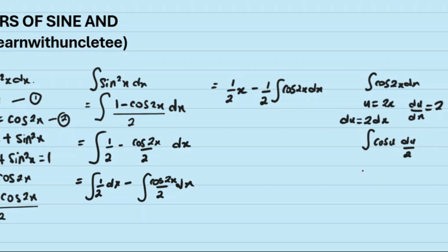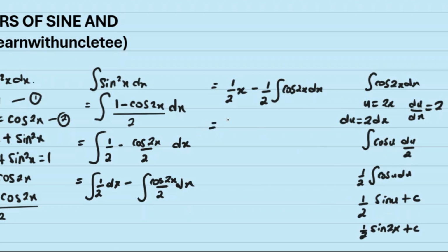So here, if we factorize 1 over 2 out, this will give us 1 divided by 2 integral cos u du. So we can integrate cos u with respect to u. That will give us 1 over 2. Integrate cos, you get sine plus arbitrary constant c. So don't forget our u is 2x, so that will be 1 over 2 sine 2x plus arbitrary constant c. So it means here that integral cos 2x dx is 1 over 2 sine 2x.